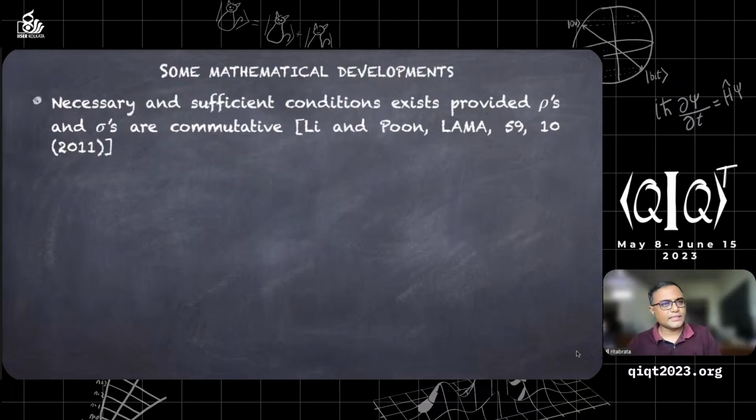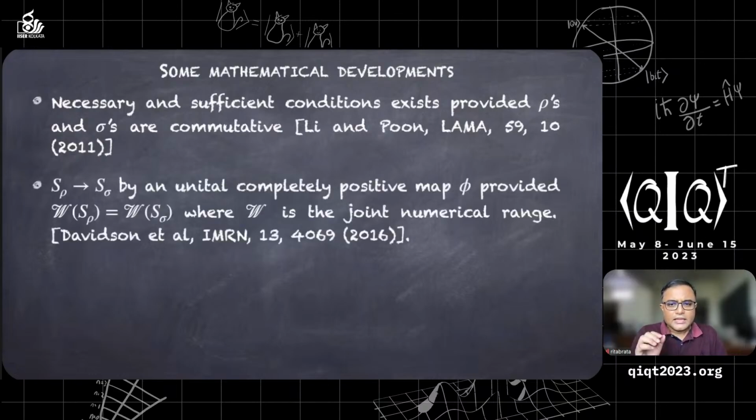So, that doesn't give us a big insight, but that was a very small yet significant step. Then a much more complicated result came from Davidson, Baynard, Ocelat, and one more person whose name I forgot, in a paper in IMRN.